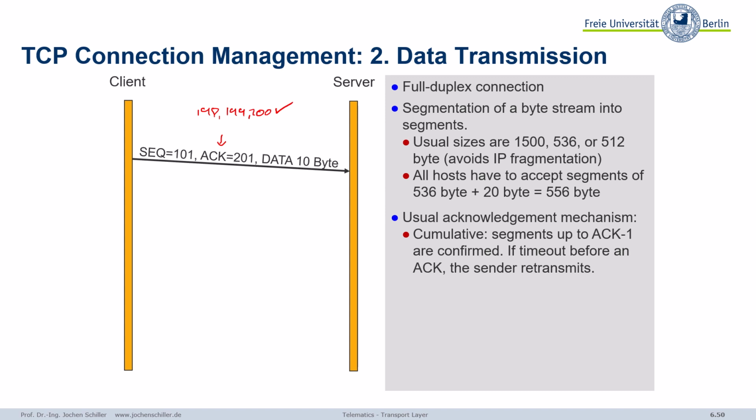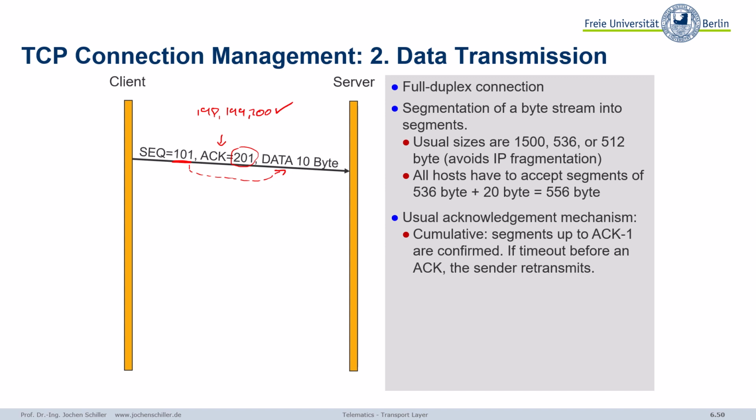So I received everything. And the next byte I expect as a client is the byte with 201. My sequence number now is 101, and that basically is the number of the first of, in this example, these 10 bytes. So byte number 1, that's sequence number 101. So I confirm and send data with one packet.